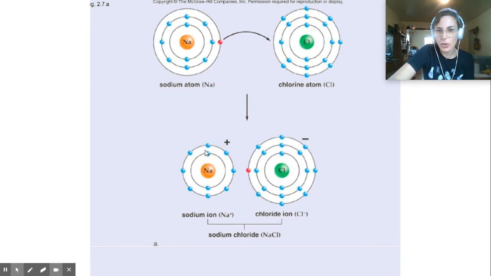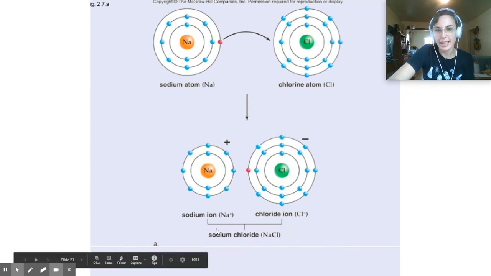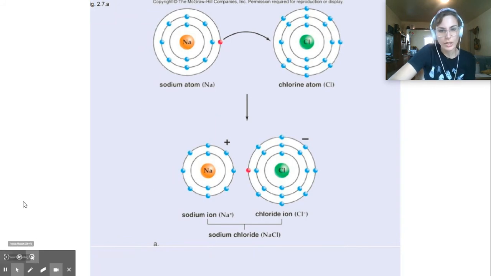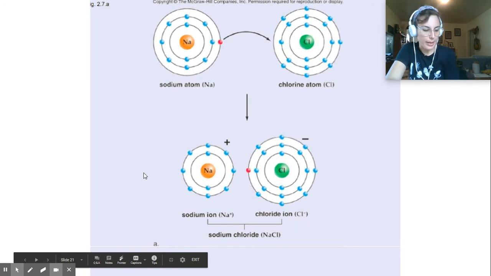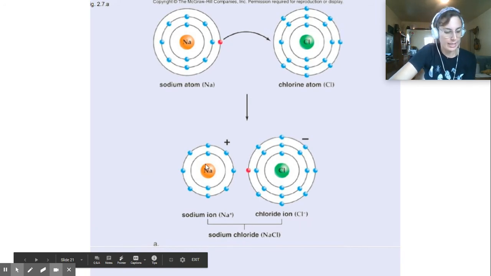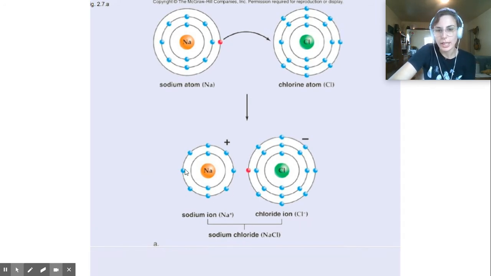When sodium donates that electron to chlorine, it takes 2 highly reactive atoms and makes them into something very benign, sodium chloride, or what you know as table salt. So table salt is an ionically bonded molecule. The only thing at stake here is that when sodium donated that electron, it became a positive ion.